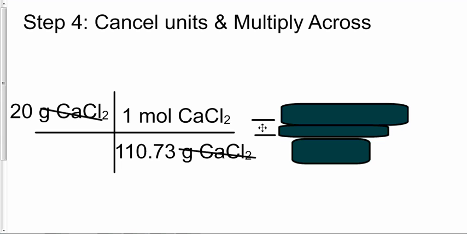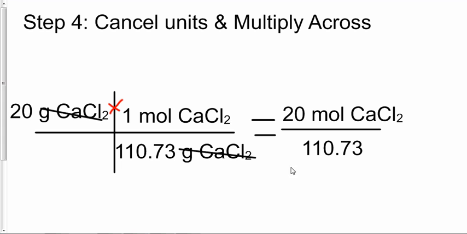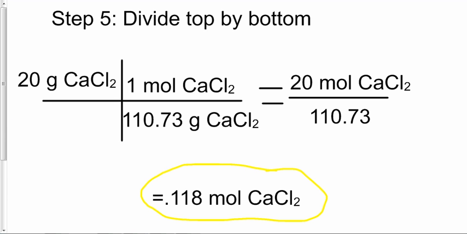Then I'd multiply across: 20 times 1 gives me 20 grams. And there's nothing here, so this number just carries over. I cancel and multiply across, and the next step is to divide.